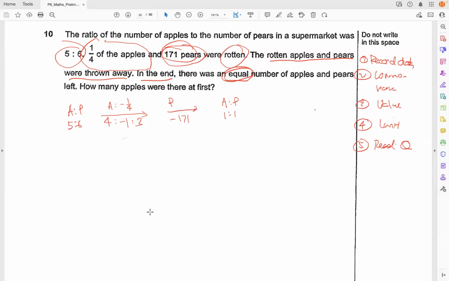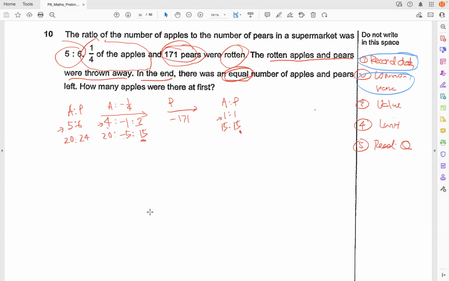Now, step one is done. Now let's do step two, look for a common base. The beginning of apples must be the same. So let's make it the lowest common multiple of 4 and 5, which is 20. So make it 20, times 4, times 5. 3 times 5 is 15. Now the end of apples must be the same, so let's make it 15. The end of pears must be 15.